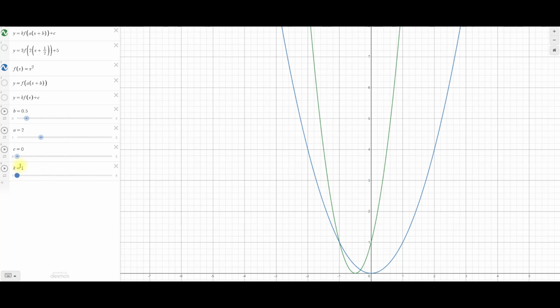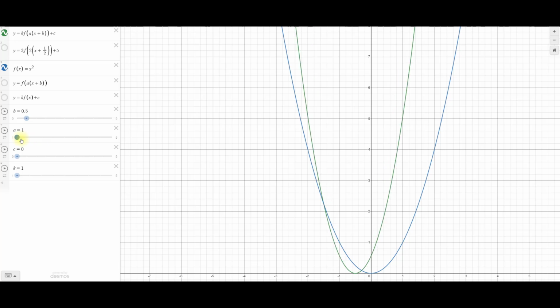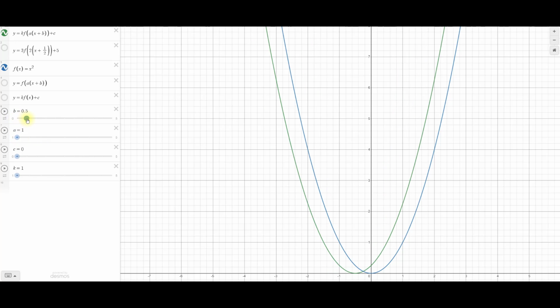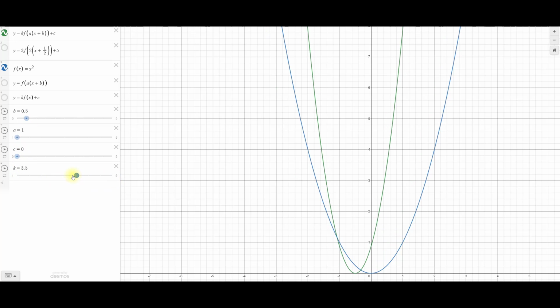So the order, just like with transformation of geometric figures, is not relevant. I could do this first, I could do my k second, I could add my 5 next, and I could then perform my horizontal dilation. I end up at the same point. The order is not relevant.